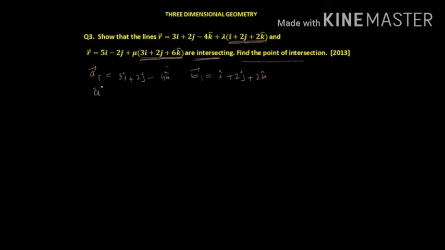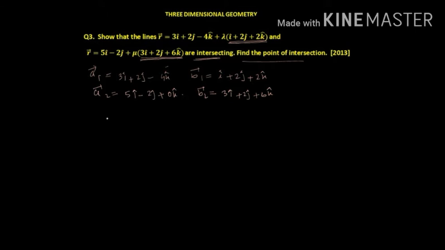Similarly, a2 you can consider for the other line, that is 5i cap minus 2j cap. Okay, 0 k cap, k cap is not there, so you introduce 0. Then b2 is 3i cap plus 2j cap plus 6k cap.